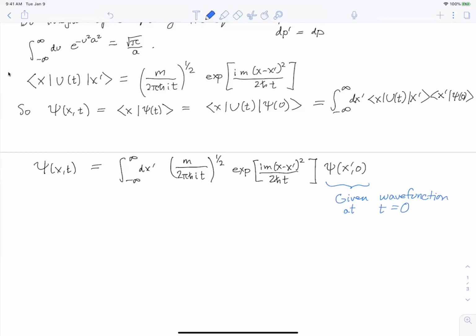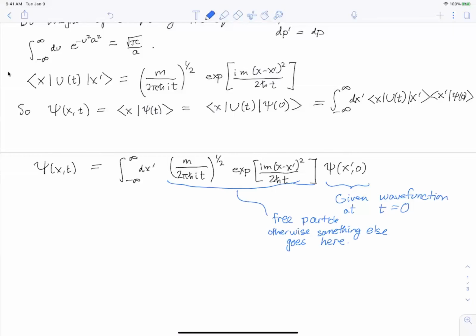Okay, and then all of this stuff right here is characteristic of the fact that we're talking about a free particle. Otherwise, it would be something else that would go there that you'd have to work out on a case-by-case basis. Something else goes here in general.